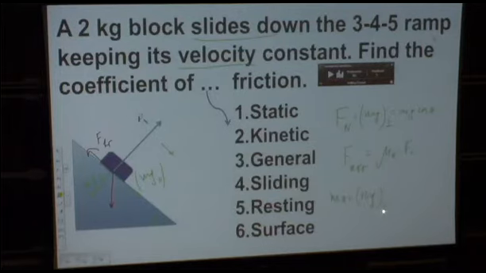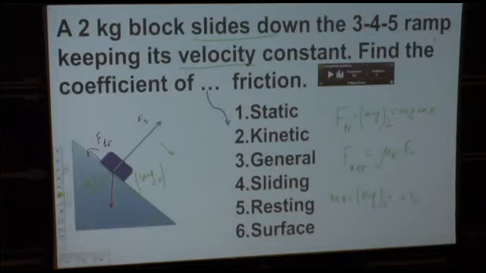Still, the component of the force of gravity, which is parallel to the surface, acting down the ramp. But now, since friction is not zero anymore, strictly speaking, we should add a negative component. So plus -1 times the magnitude of the frictional force.